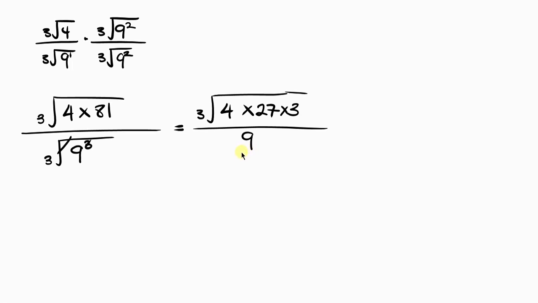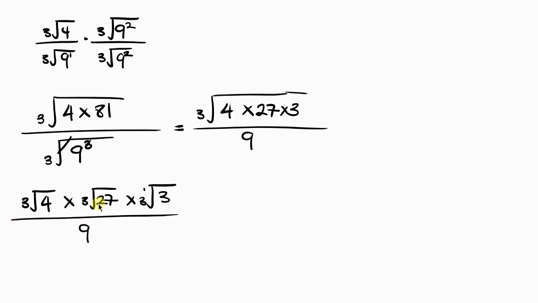Our next step will be to simplify the numerator further by separating each of the roots. So we have the cube root of 4 times, this becomes the cube root of 27 times, this becomes the cube root of 3 all over 9.